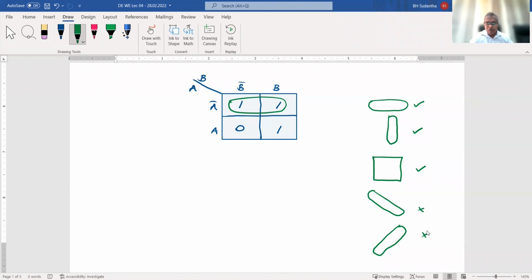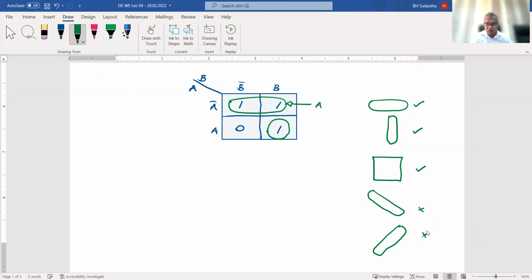Okay. Then we have marked these two together. Then what is remaining? This one we can take alone. Then try to give a name for this one. What is the name for this group? It's on this entire A bar row.